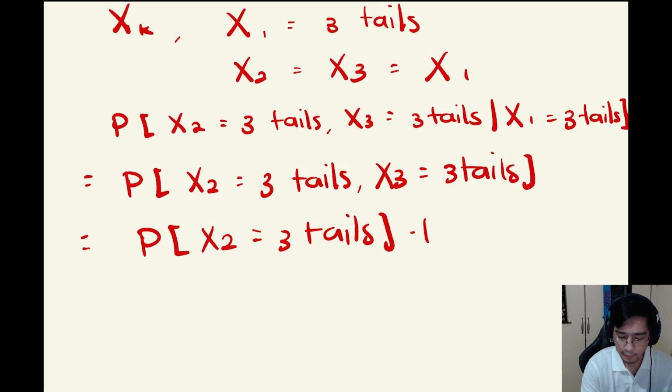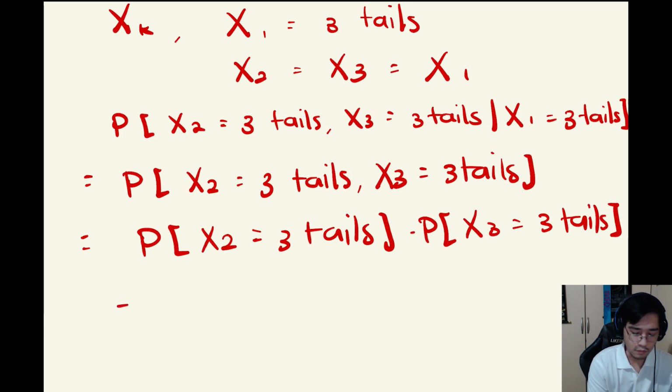What is the probability of these 2 events happening? What is the probability that a trial will have 3 tails? If you have 3 fair coins, the number of outcomes in our sample space is 8, because 2 to the 3.